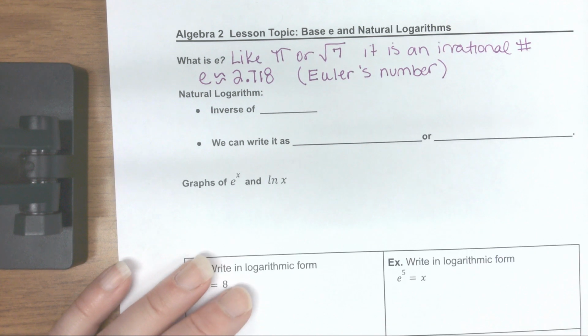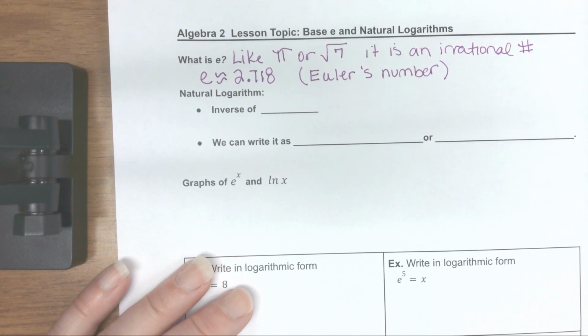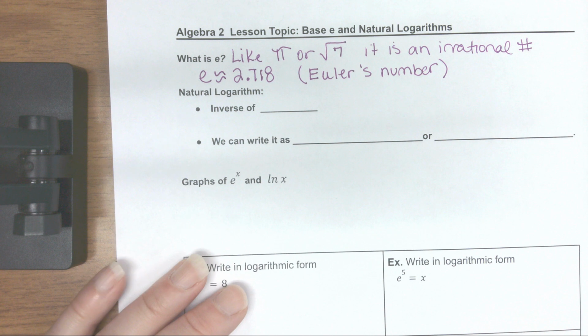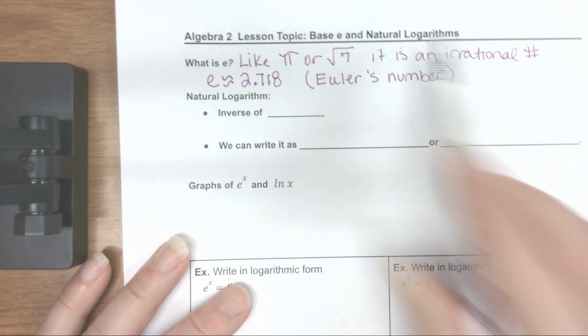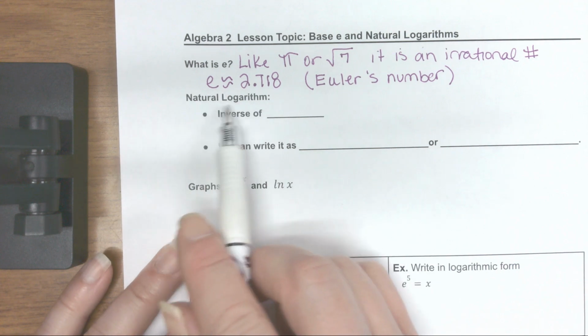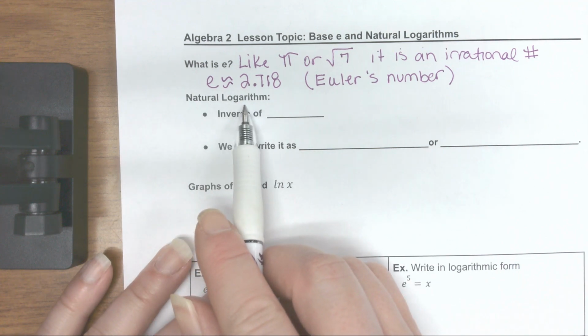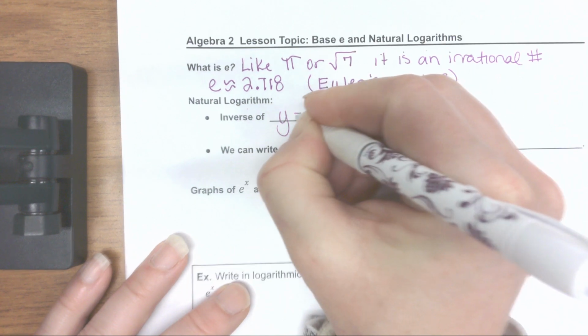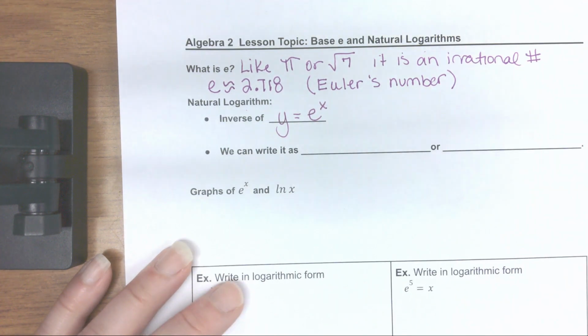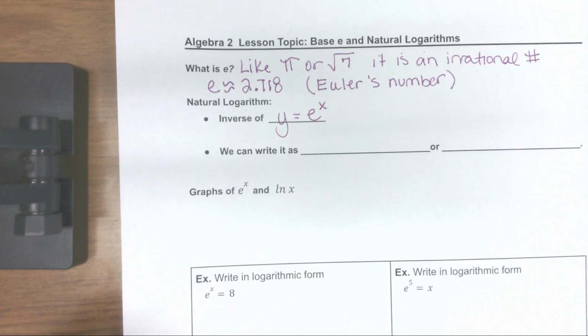E is also referred to as the natural base, which is where the natural logarithm comes from. The natural logarithm, which is what we're going to study today, is the inverse of the function y equals e to the x.